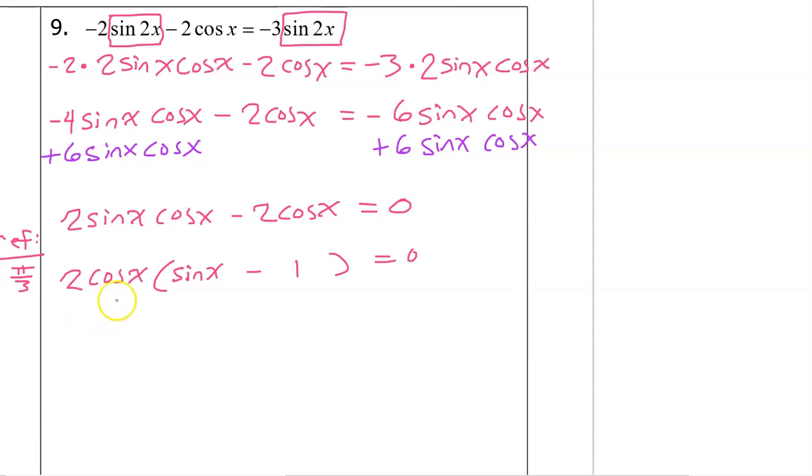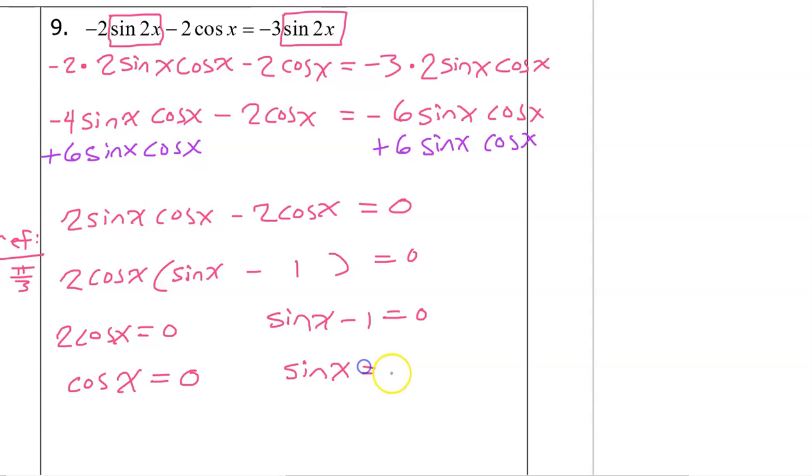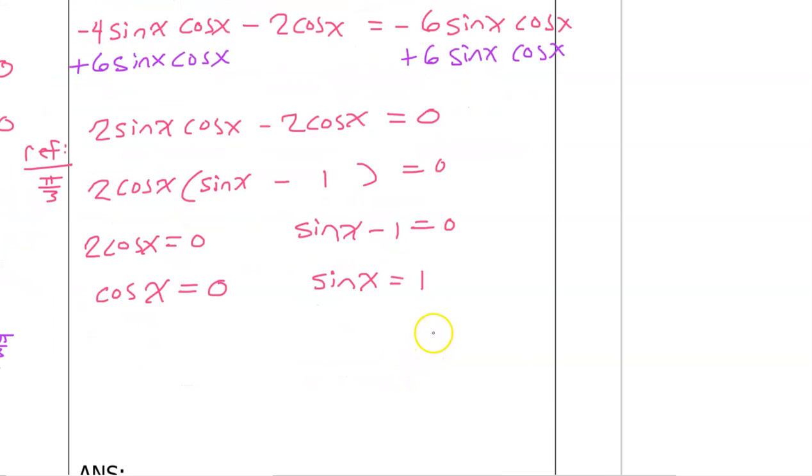So I will be able to get solutions by setting each factor equal to 0. So if I set 2 cosine x equal to 0, and then I set sine x minus 1 equal to 0. Dividing both sides by 2, I get cosine x is equal to 0. And then adding 1 to both sides, I get sine x is equal to 1.